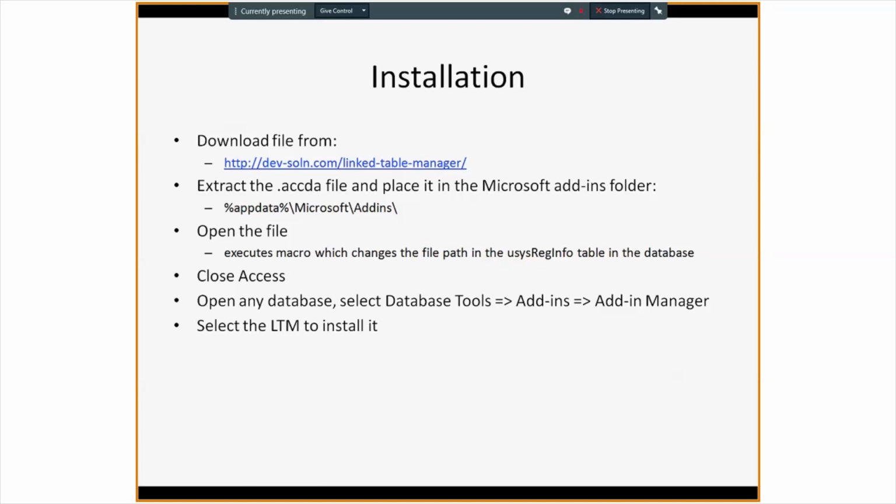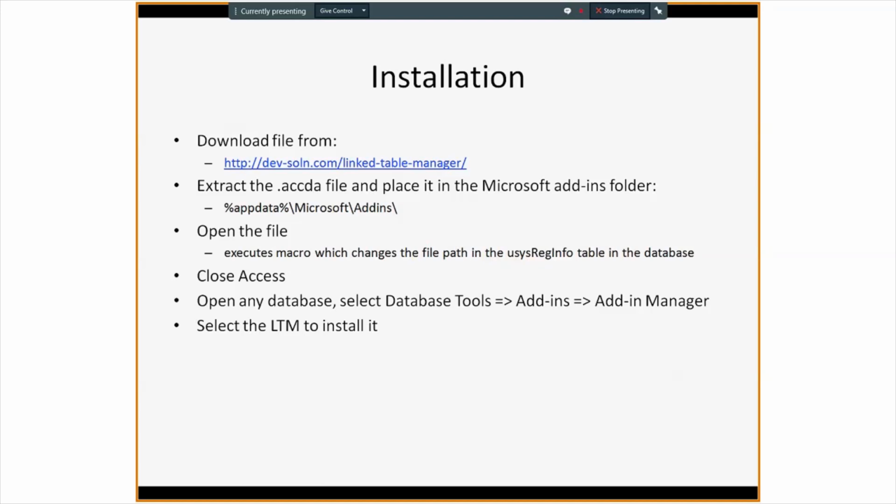Once you place that file in the folder, all you have to do is double click it or open it. There's an auto execute macro in there which changes the file path in the UsysRegInfo table, which is what Access and Windows uses to recognize the registry values for the database.